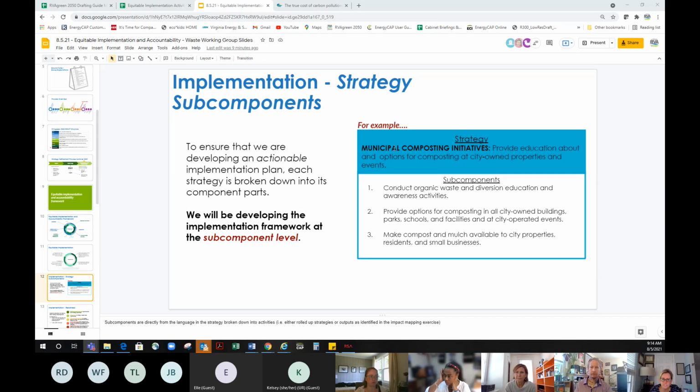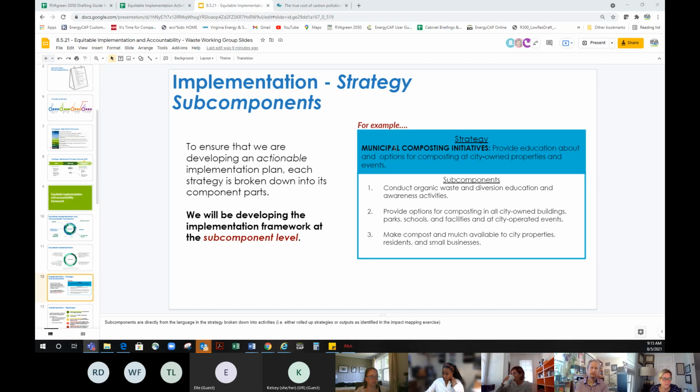And the three activities that were rolled up under there to make it actionable and SMART are: one, conduct organic waste and diversion education and awareness activities. The second subcomponent is provide options for composting in all city-owned buildings, parks, schools, and facilities, and at city-operated events.